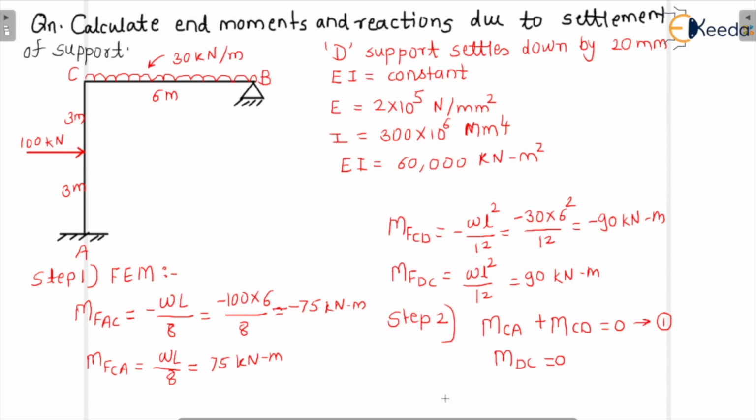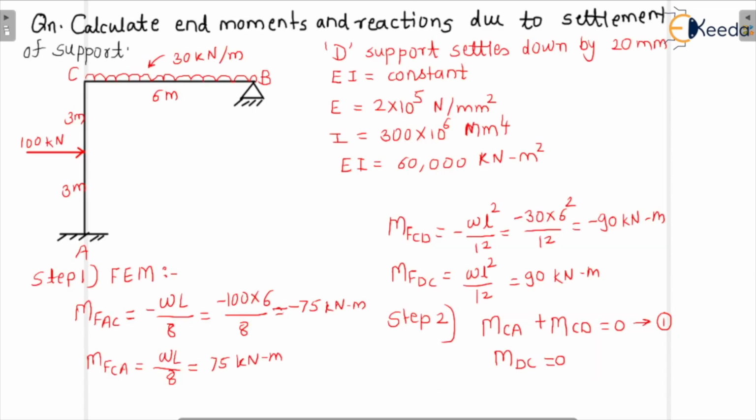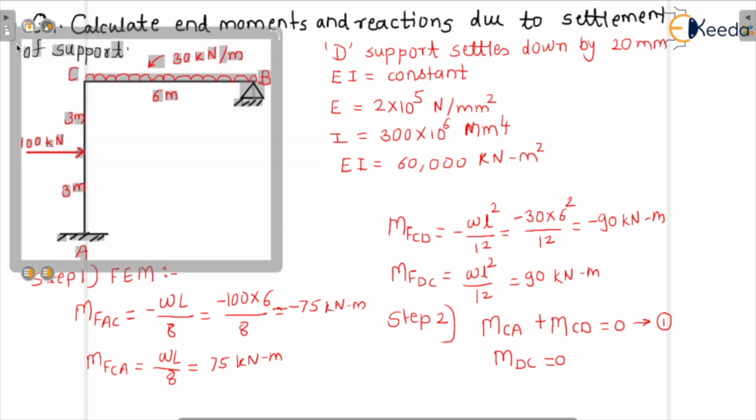With this let us calculate M of CA, M of CD, and M of DC. So let's write the equations on the next page. Before that I'll just copy this diagram on the next page.